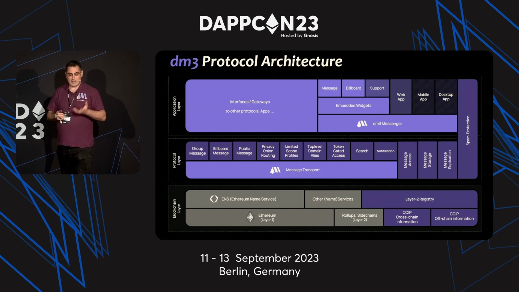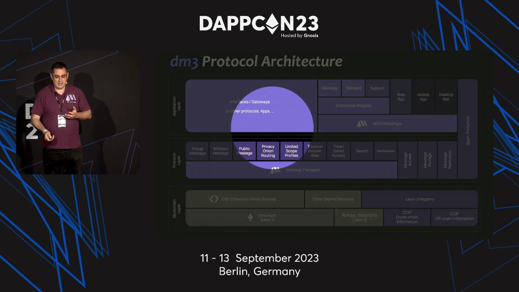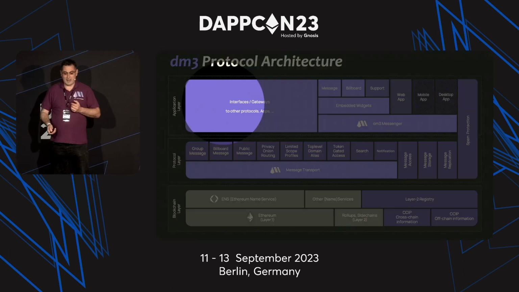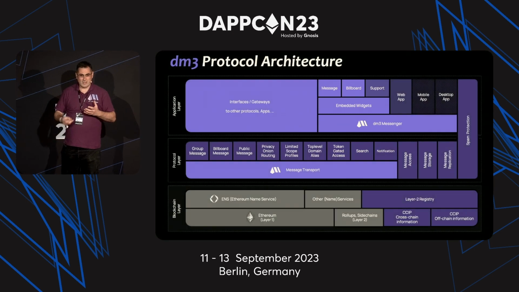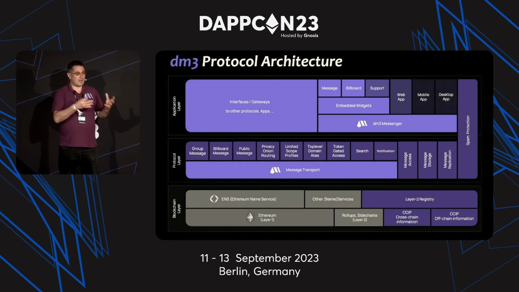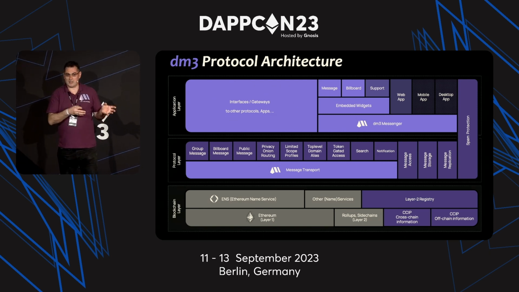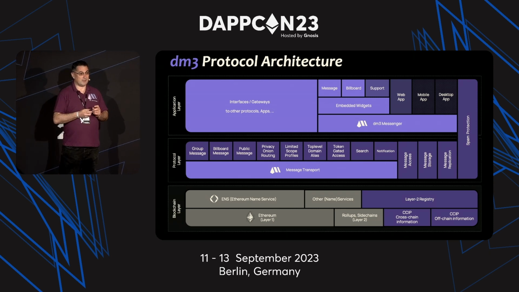And then we have this application layer where we have these interfaces to other protocols or other solutions, and we have these embedded solutions so that you have components you can use inside your dApp, and with one single line of code, you can add full secure messaging to your application, building on top of this ecosystem.